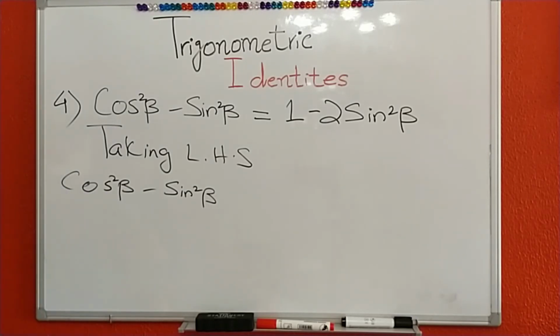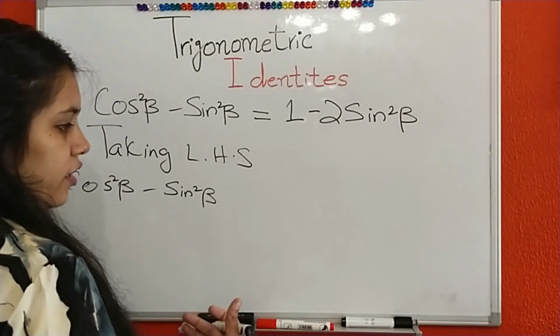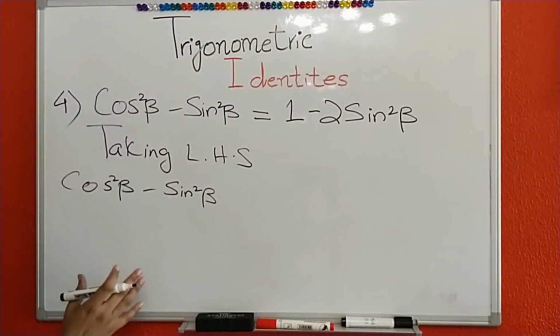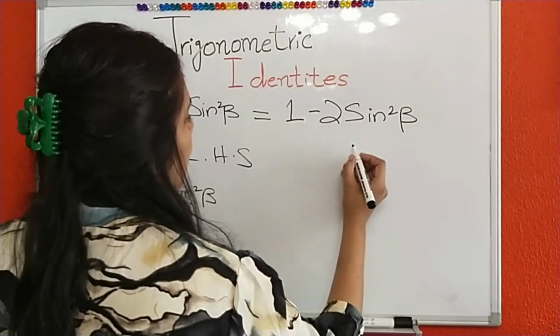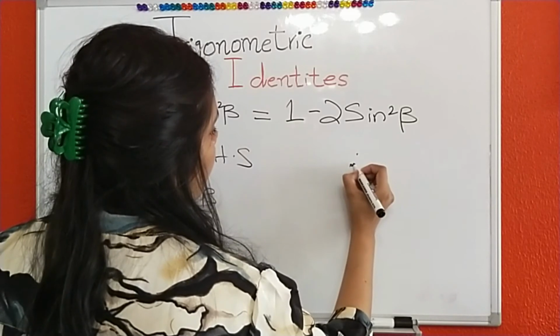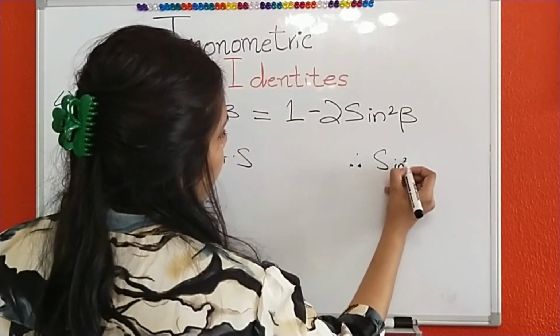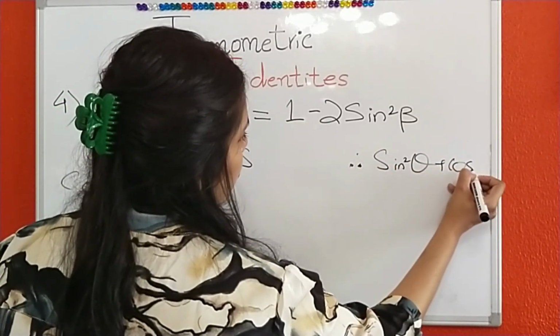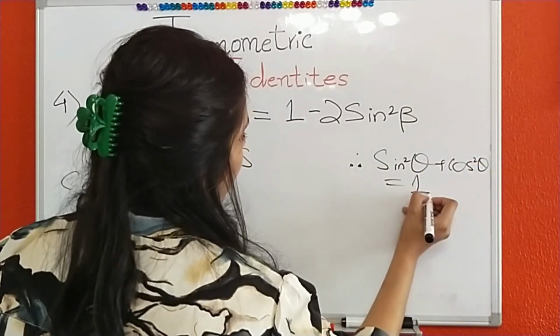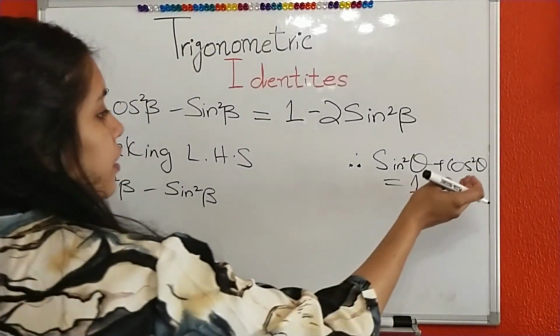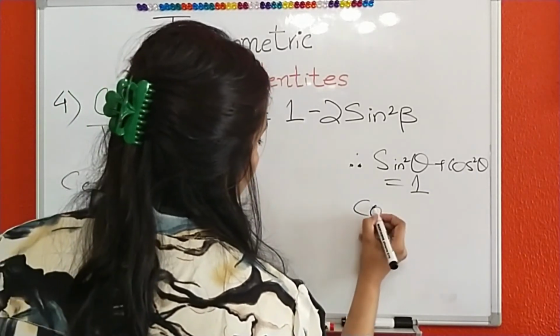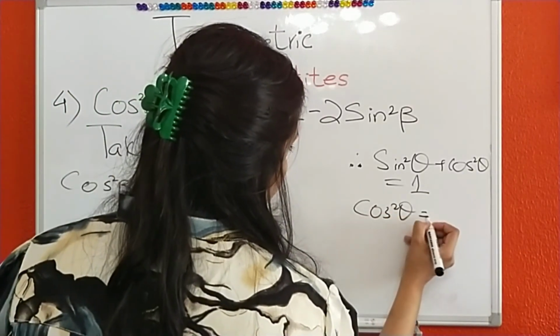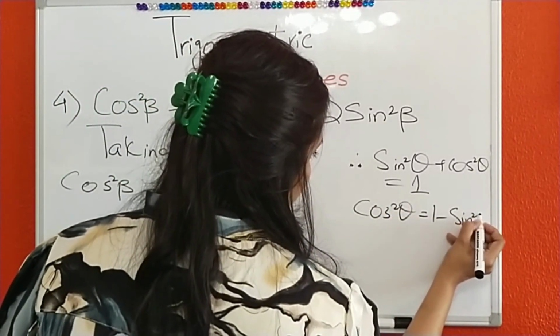Which identity I need to use here? I need to use the first Pythagoras identity, which was sin² plus cos² is equal to 1. So I need to put the value of cos. So cos² is equal to 1 minus sin².